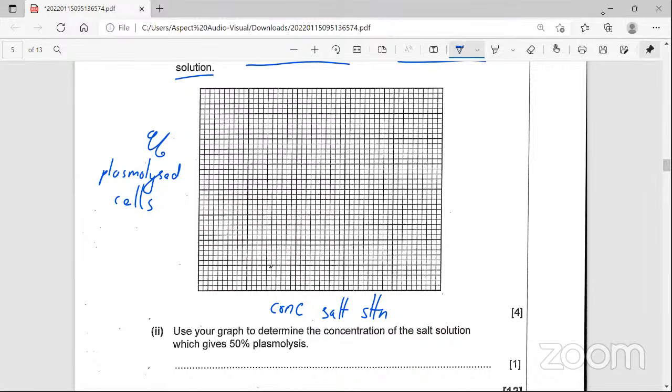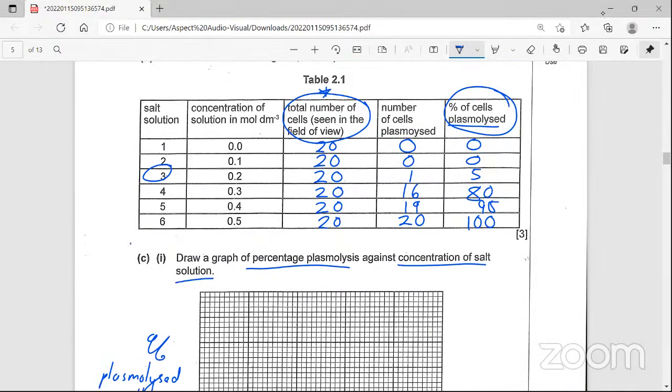So now we want to choose a scale for this. What scale can we use? You can see it's just moving up by 0.1. We can make 25 kind of blocks.